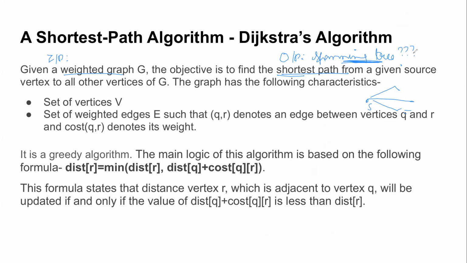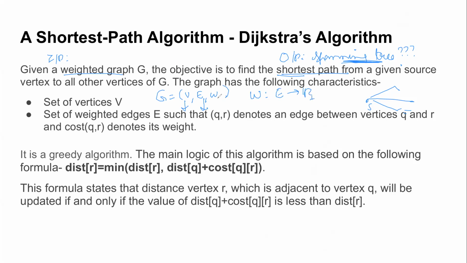Now we saw what the input is and what the output is. Let's dig a little deeper into the input. What do we have in a graph? Since it's a weighted graph, you have three things associated with it: a set of vertices, a set of edges, and a weight function from edges to real numbers.